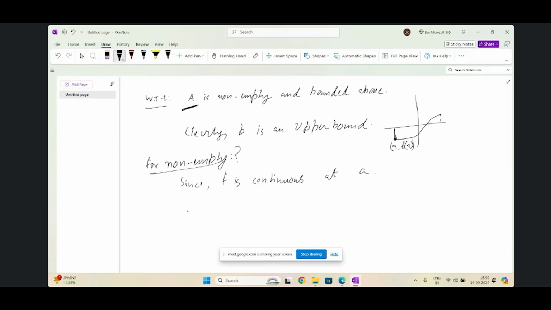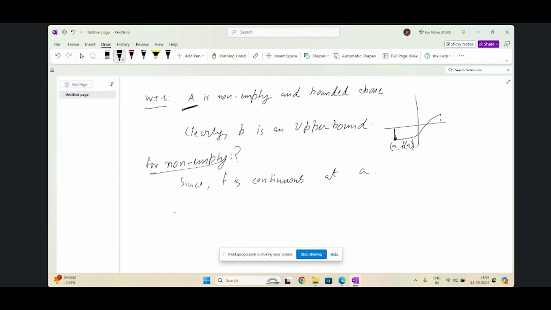Given any epsilon, there exists a delta greater than 0 such that for all x belongs to (c minus delta, c plus delta) intersection A, we have f(x) belongs to (f(a) minus epsilon, f(a) plus epsilon). I think this definition has gone through all of your minds because I said it orally. If you know it already, then you will really appreciate this definition.